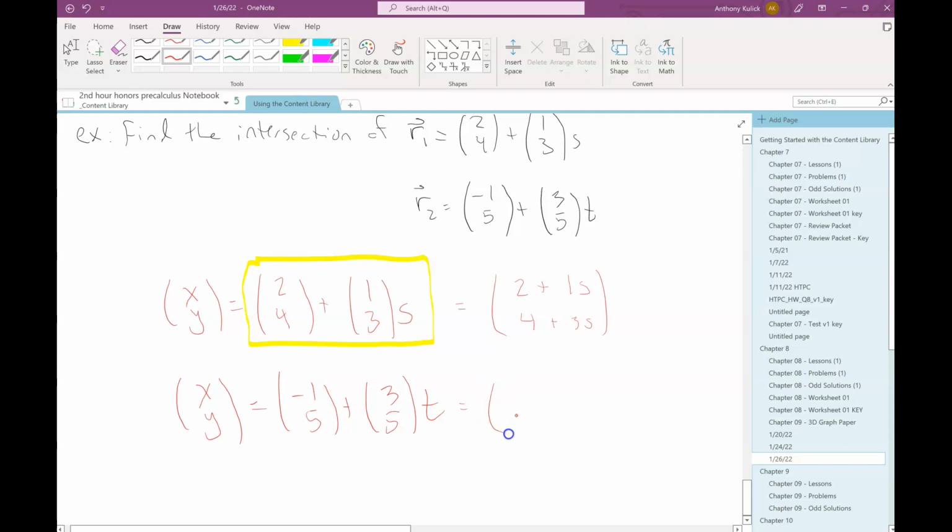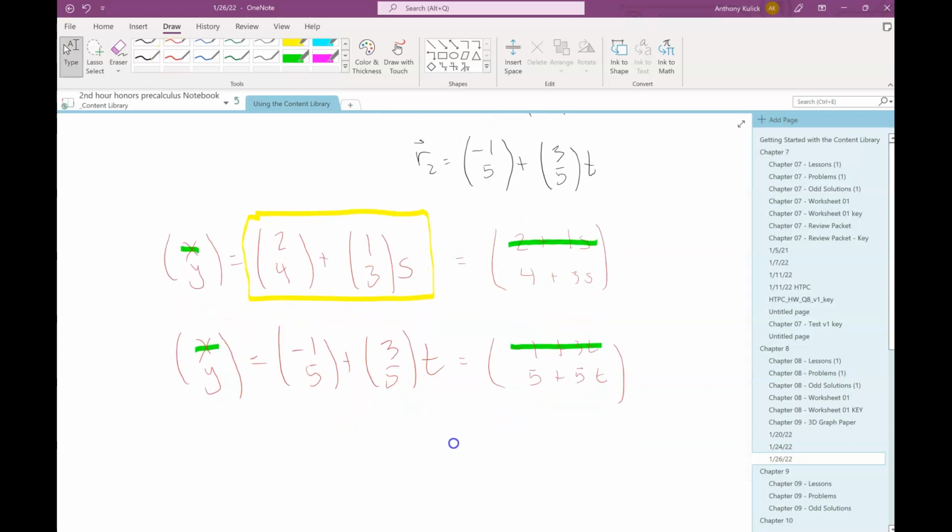And similarly down here, so really I can say that x has to equal 2 plus 1s, and x has to equal negative 1 plus 3t.